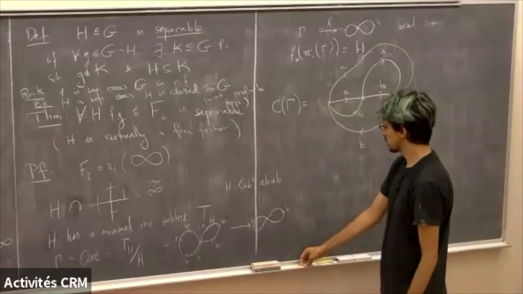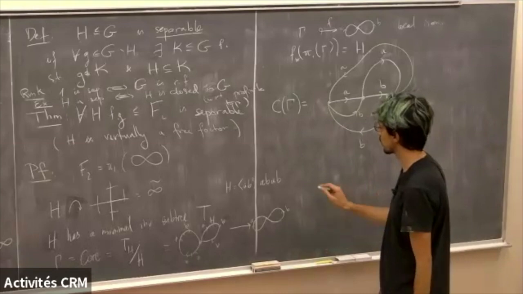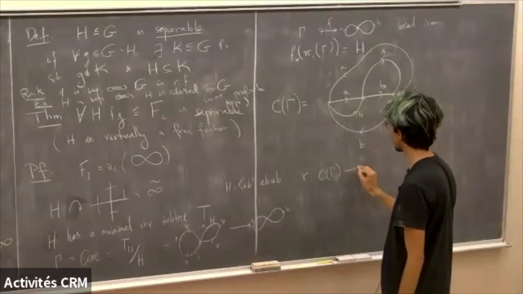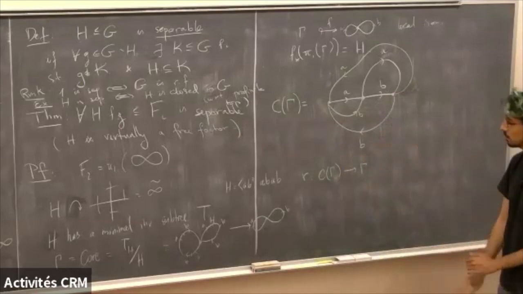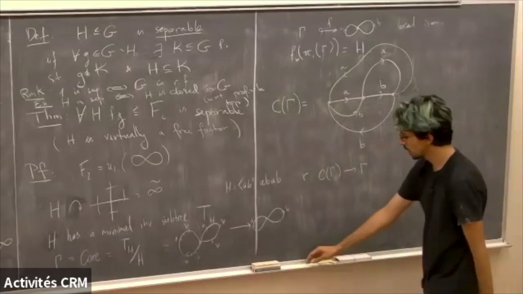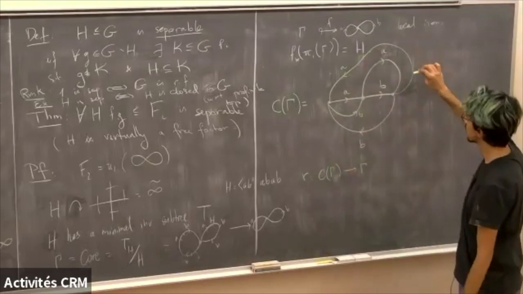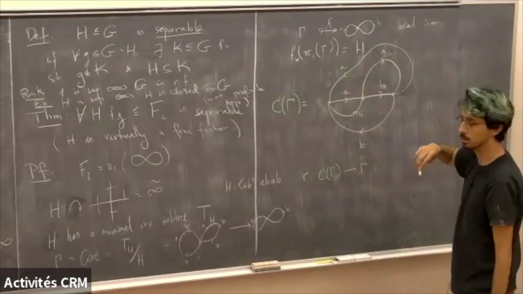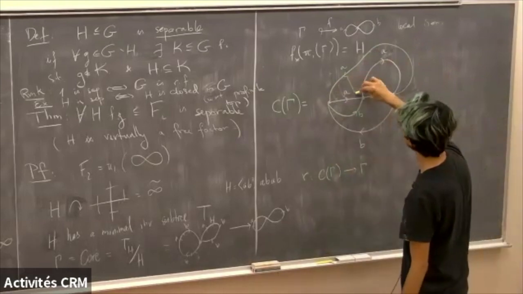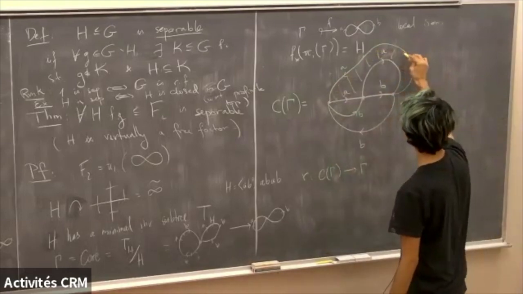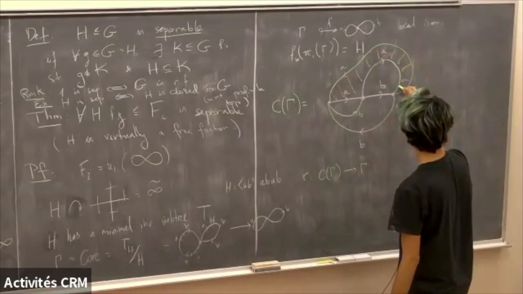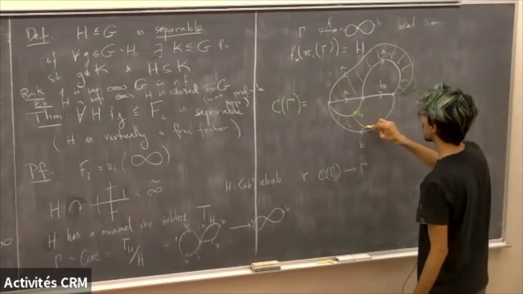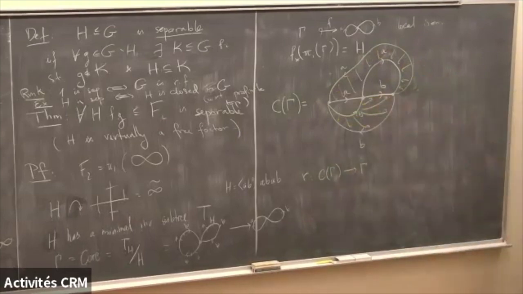And here's the nice thing, it comes with a retraction. So there's a retraction going from the completed gamma back to gamma. What is this retraction? Every edge I added, I can just map to the path that it closed. So this I would map back to the A squared path, and this guy I'll map to the B squared.